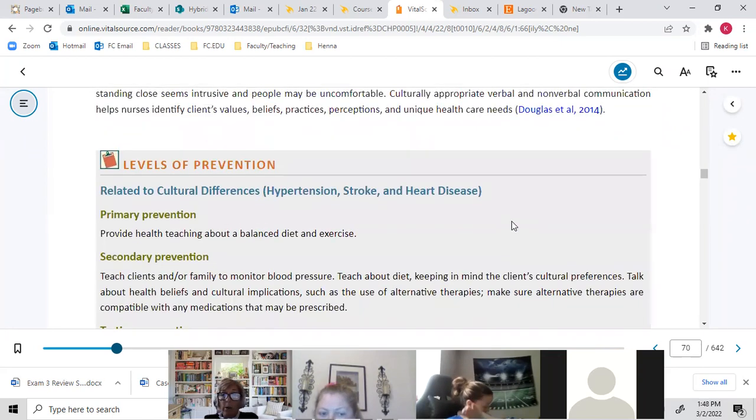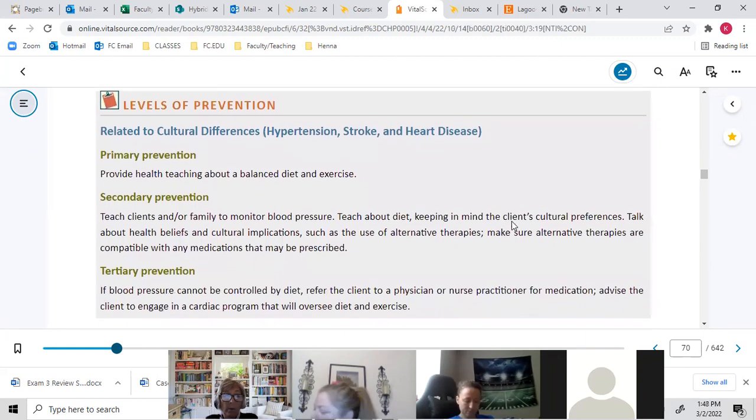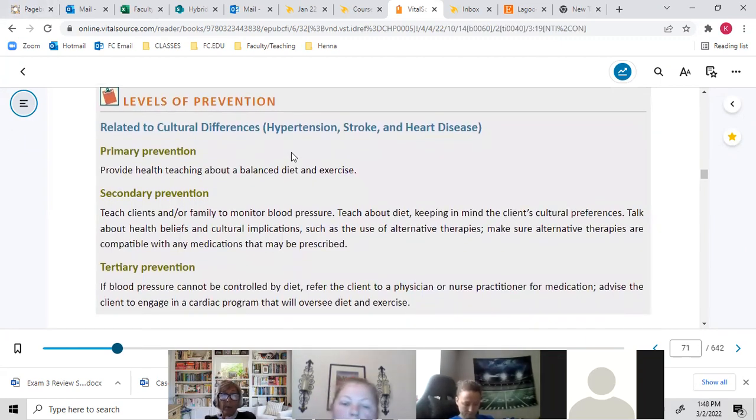Okay. Here are our levels of prevention with regards to cultural differences. And here we're talking about hypertension, stroke, and heart disease. So primary, remember, we're talking about cultural differences here. We're done with the ethics chapter. We're now into cultural differences. So primary, provide health teaching about balanced diet and exercise.